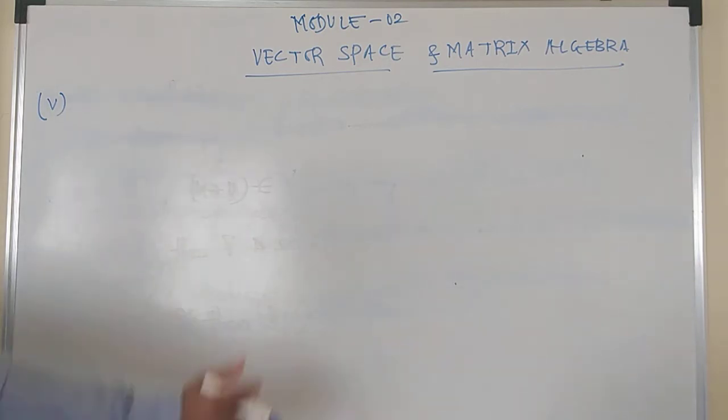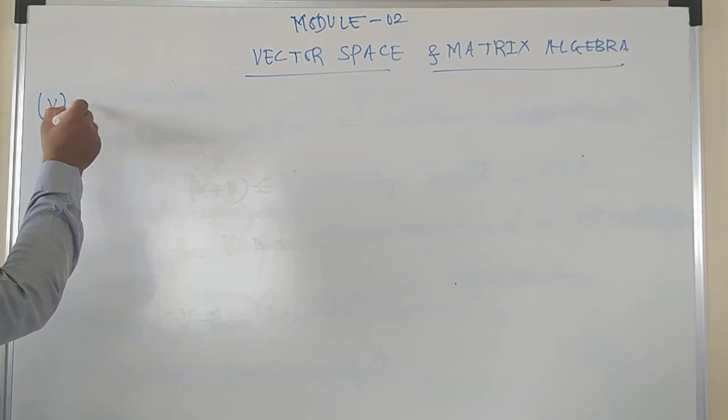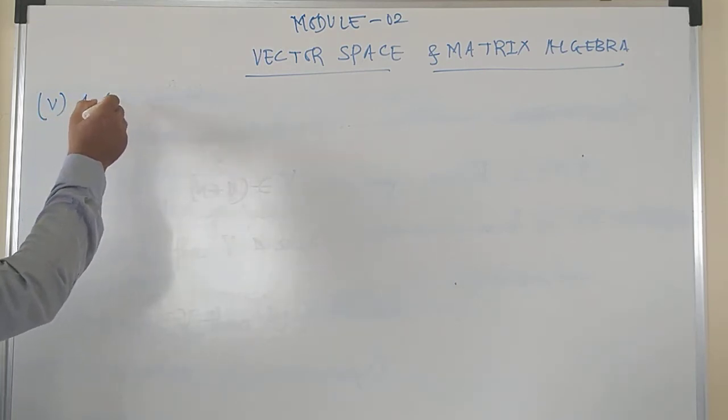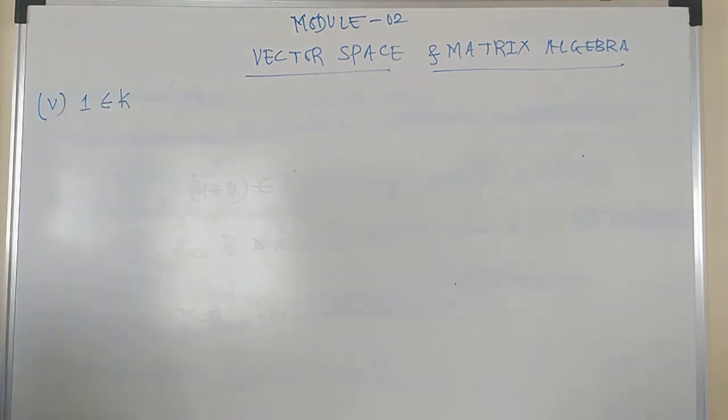Suppose for any scalar, 1 is a scalar, 2 is a scalar, likewise for any scalar which belongs to k, k is itself a set of scalars, right?